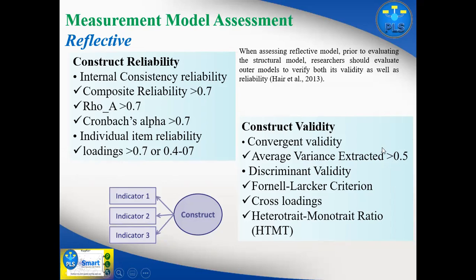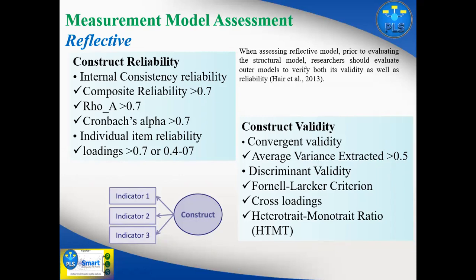So this AVE should be greater than 0.5. That is the agreement by scholars, that it must be above 0.5. If it's less than 0.5, then you just have to come back and consider deleting any loading that is less than 0.7.